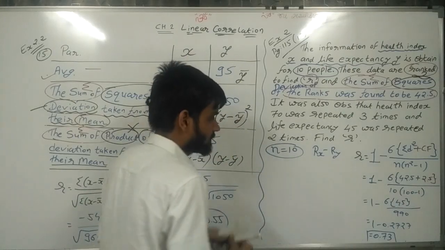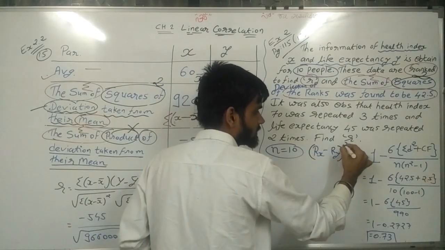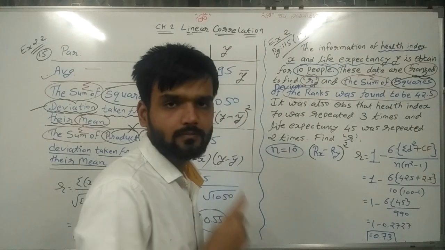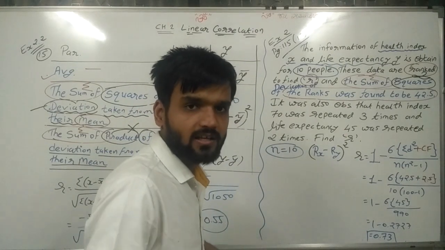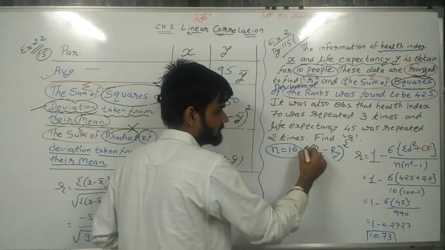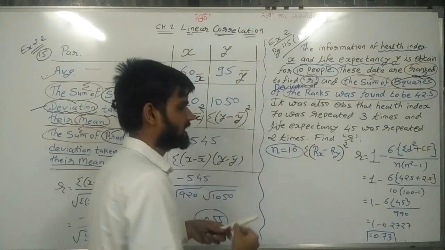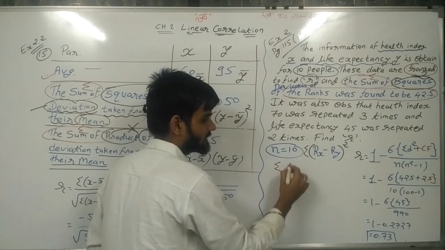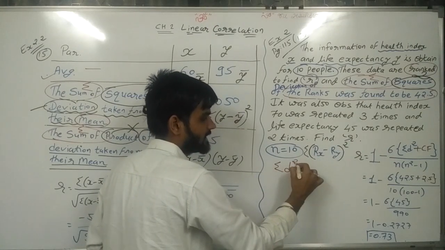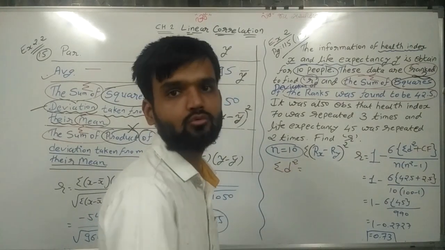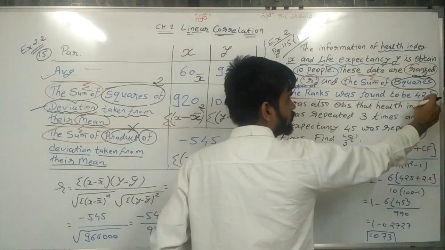And sum means sigma. So indirectly I can say sigma of (rx minus ry) means d, square of that means d square, is equal to the given 42.5.